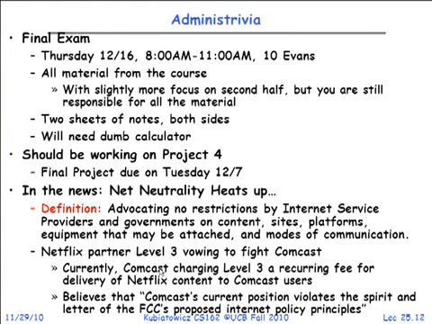So that's kind of an interesting thing, and it's been heating up. Level 3 has been filing with the FCC. And here was a quote: they believe that Comcast's current position violates the spirit and letter of the FCC's proposed internet policy principles.